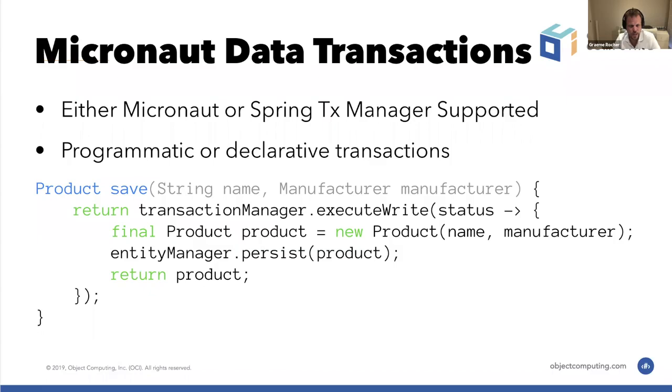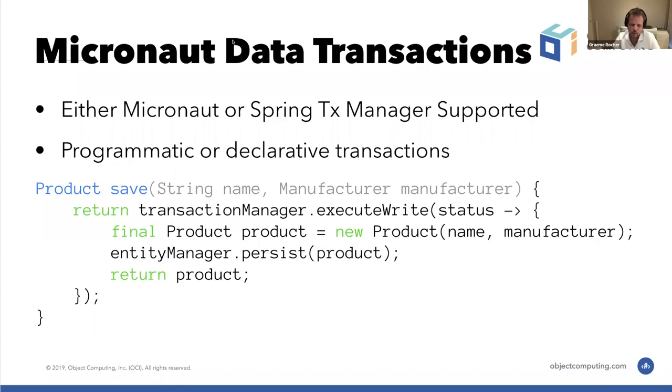In terms of transaction management with Micronaut Data, you can use either Micronaut or Spring transaction management. Both are supported. In all of the examples I've shown so far, it's using Micronaut's transaction management, which also allows you to use programmatic transactions.